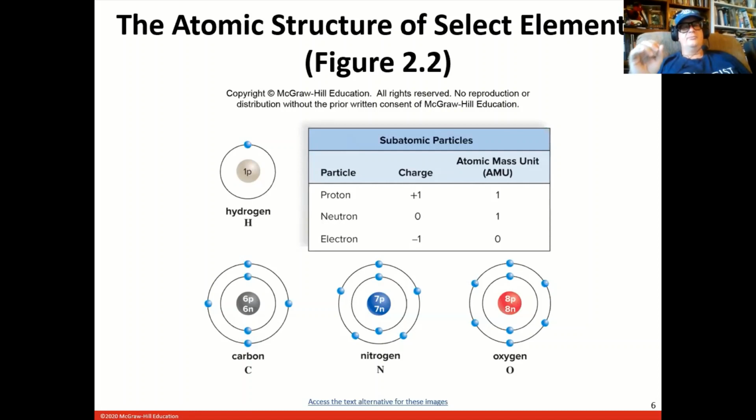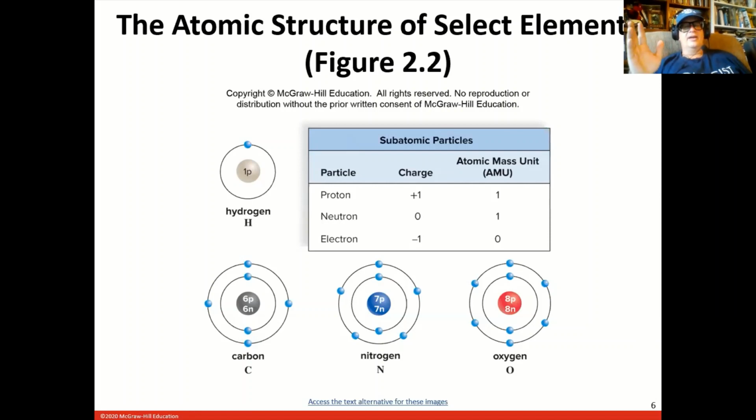Carbon wants to make 4 bonds. The reason why is because all the atoms want to get to that period on the periodic table with 8 at the top. Remember I showed you Roman numeral 8 at the top? And I said those are super happy, super stable, because they have the number of electrons that makes them happy. 8.